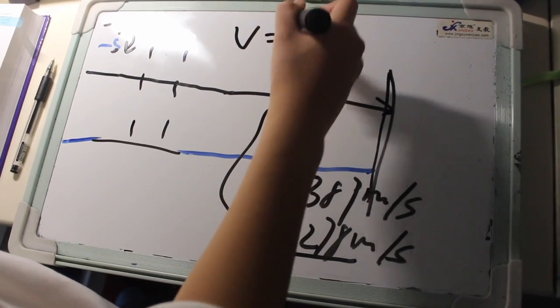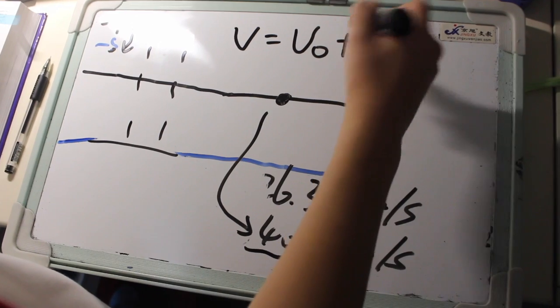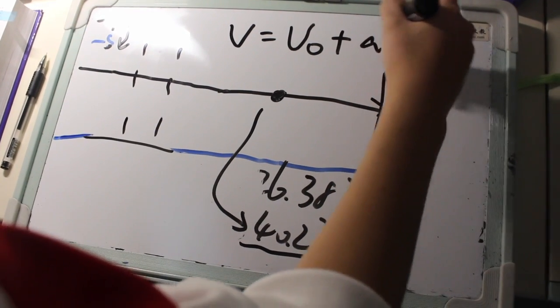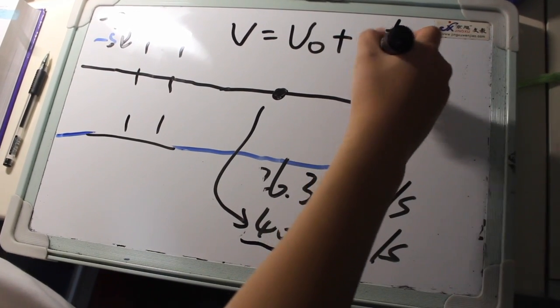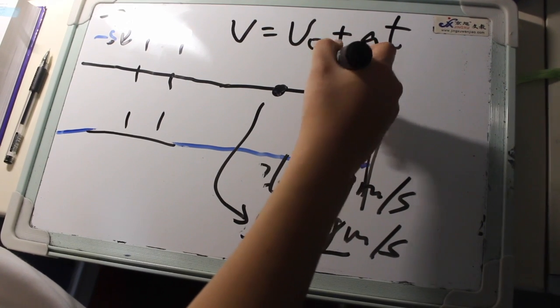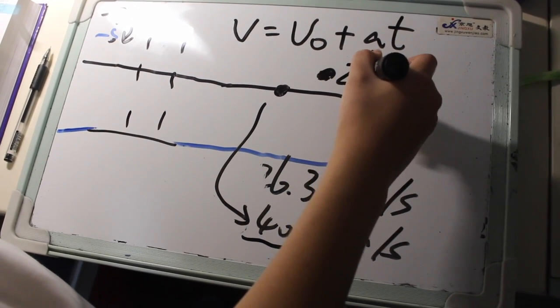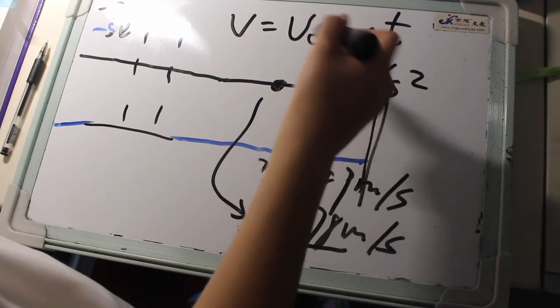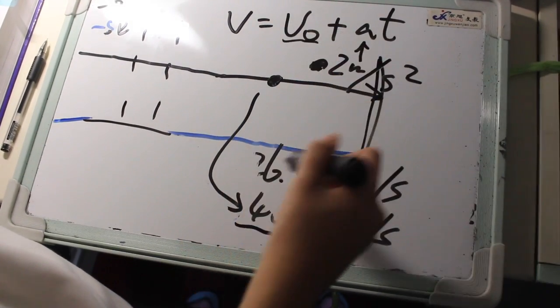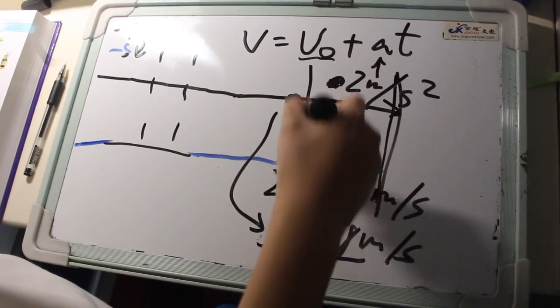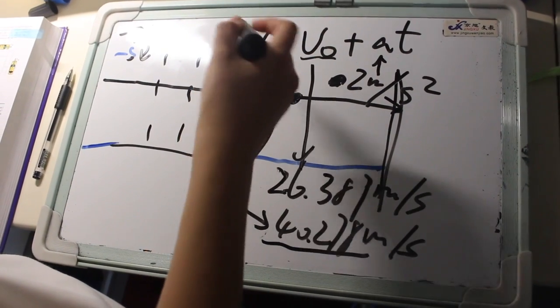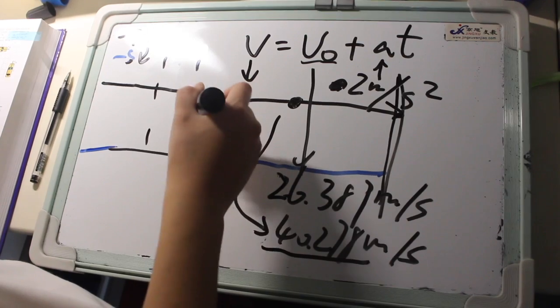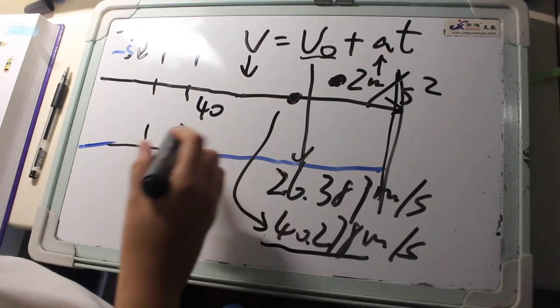The v is equal to v0 plus at. We know a, which is 2 meters per second squared. We know v0, which is 26. Then the v is 40.